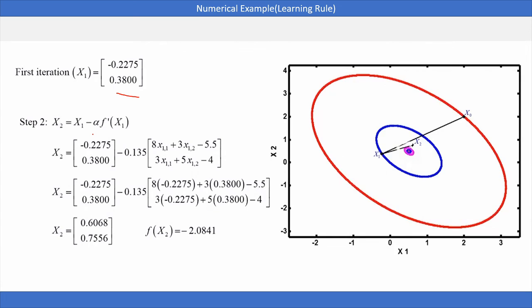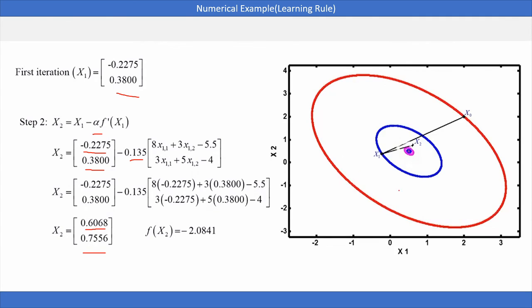Now my alpha value is not going to change, so that is going to be the constant value. My initial values are as per the second iteration, which is minus 0.2275 and 0.380. In the x1, x2 values, if I substitute these, again I'll get this value, which is 0.6068 and 0.755.